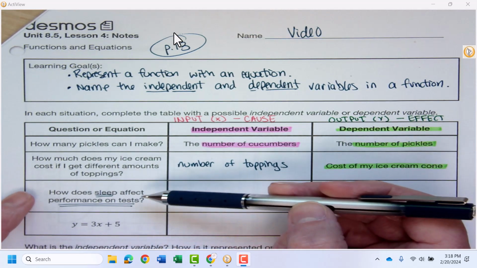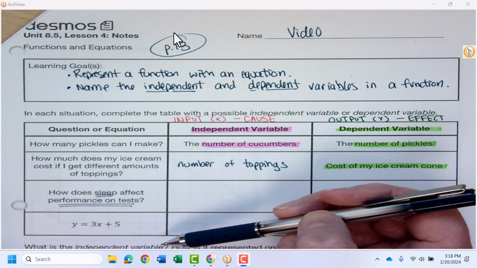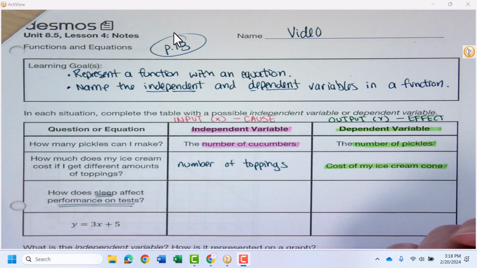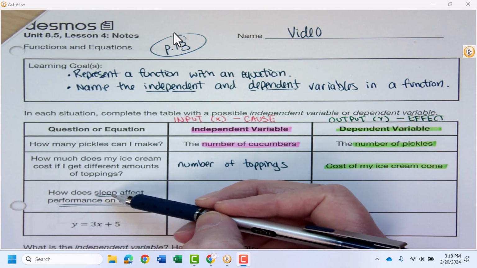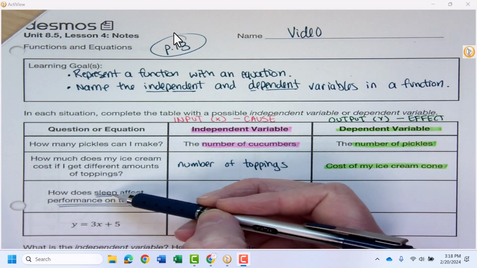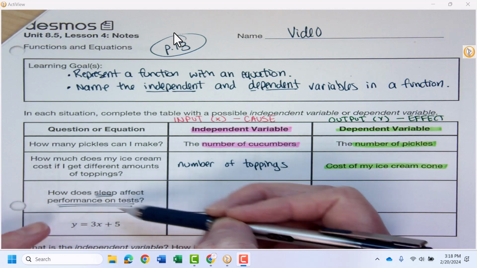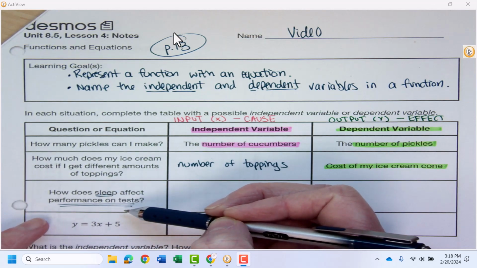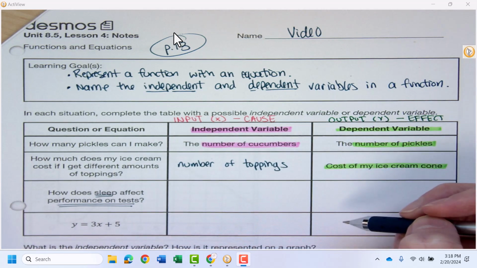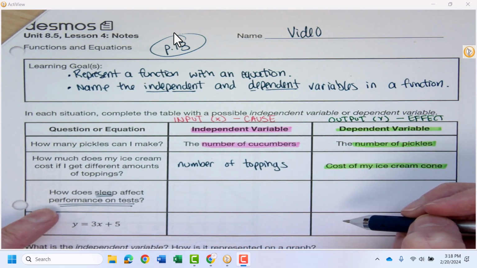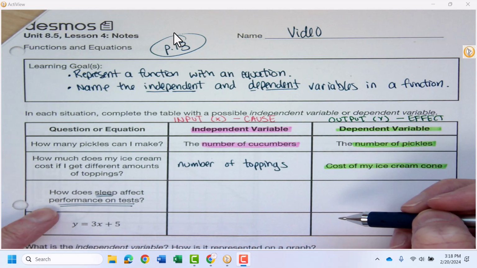So let's think about those in a cause and effect kind of way. Which one causes the other thing to happen? Well, getting enough sleep, I would hope, would cause you to do better on the test. Or I could look at it the other way. How you do on the test depends on how much sleep you get the night before.